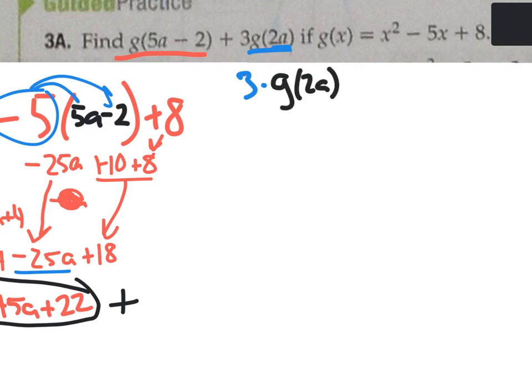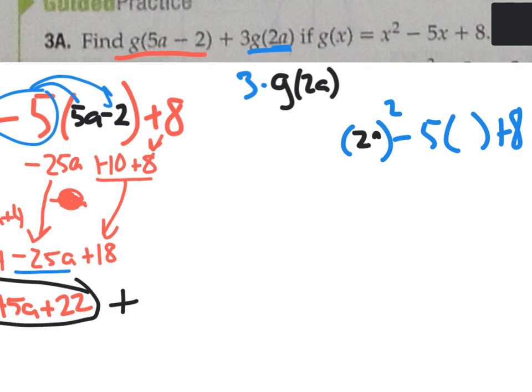So what we're going to do is plug in 2a into g. So instead of x's, we're going to have a 2a. So instead of x squared, I'll have parentheses squared minus 5 times parentheses, plus 8. And what am I plugging in those parentheses? 2a.